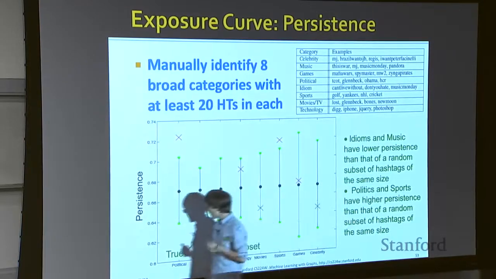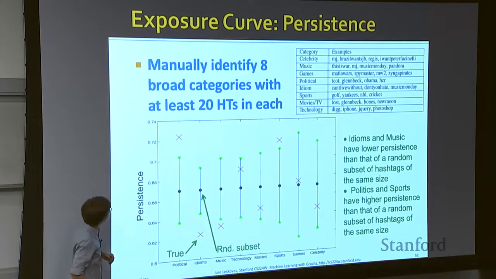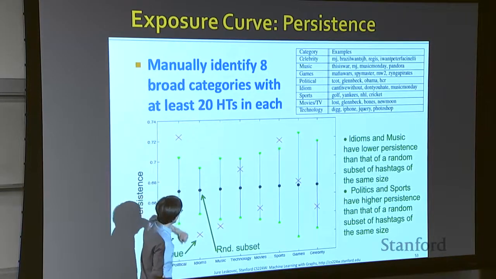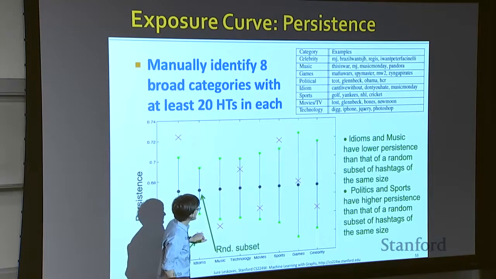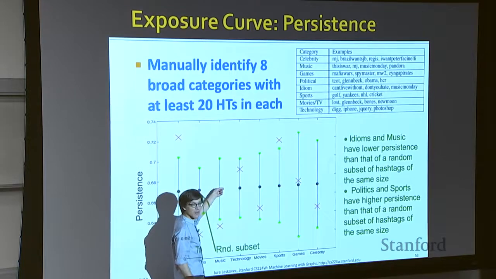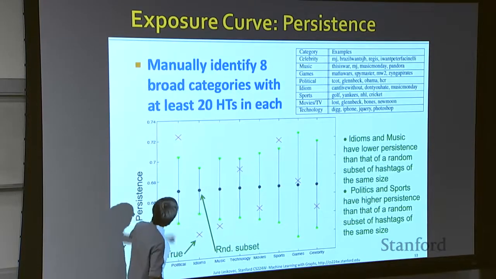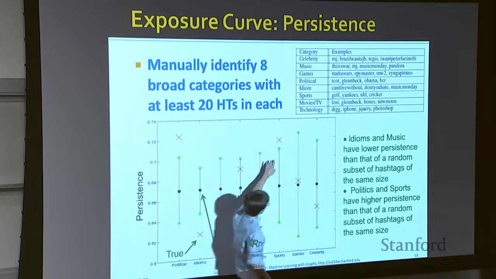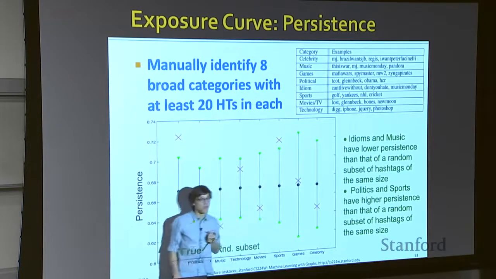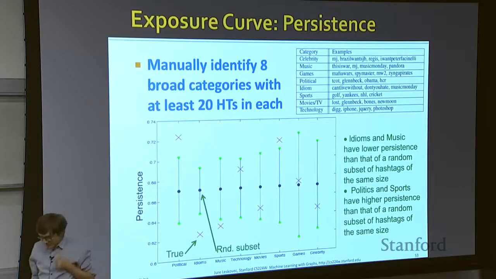And what they find is that idioms and music are less persistent than, let's say, a random set or an average hashtag. And they find that politics and sports are more persistent than random hashtags, right? What does this mean?